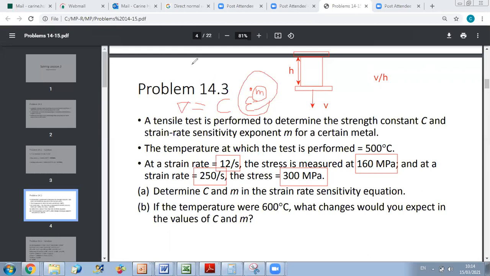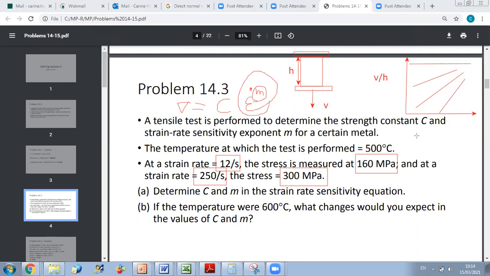So for example, if you plot on a log-log scale the variation of stress with strain rate, for room temperature you nearly have a straight line, no measurable effect. And as you increase the temperature, the slope of your curve will increase. So the sensitivity to strain rate will increase, but the value of stress will decrease. Why?